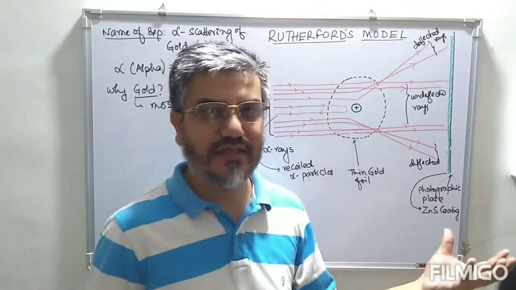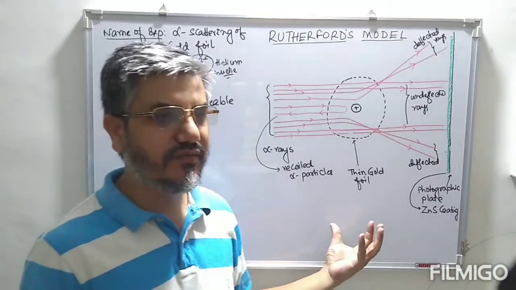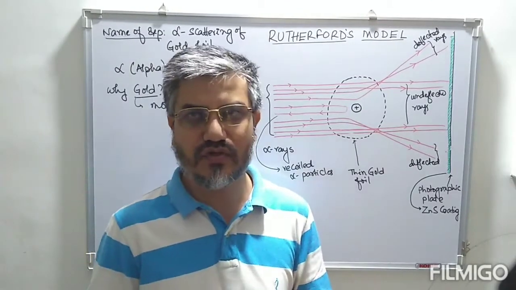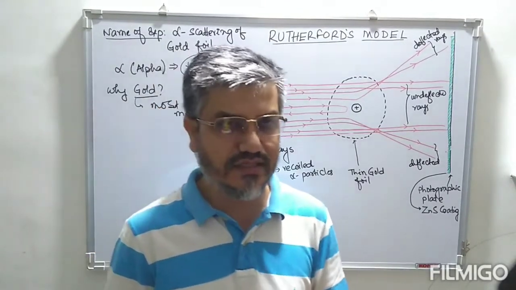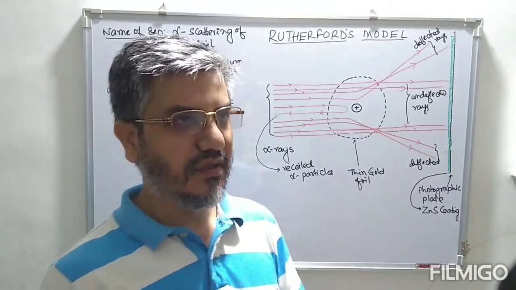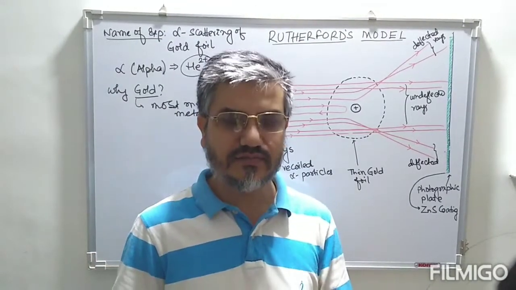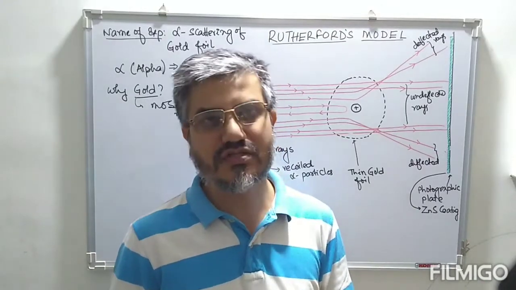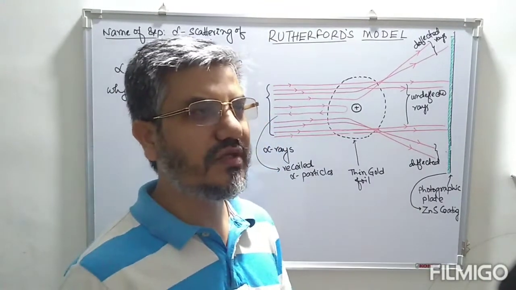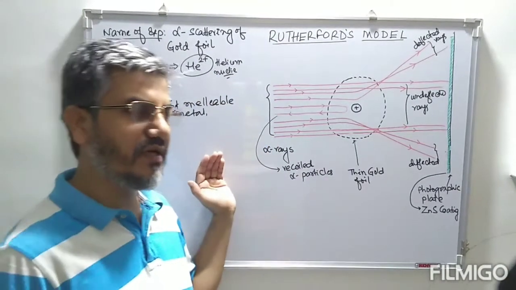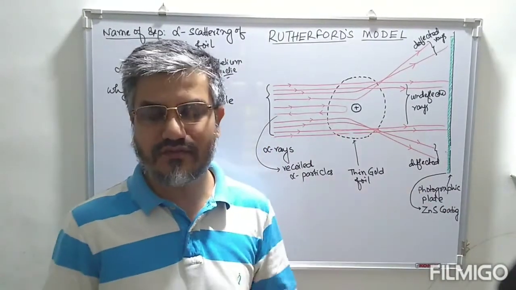Lighter metals will have less positive charge, a lighter positively charged nucleus inside the atom. So these lighter metals, having a less positively charged nucleus, will undergo less deflection when these alpha particles are passed through the metal foil.